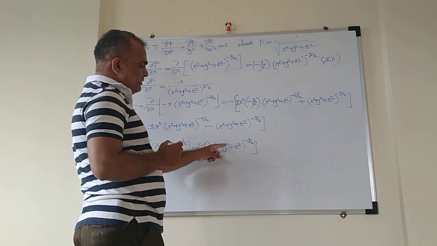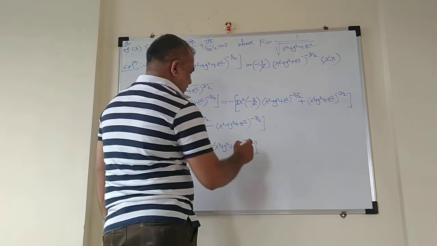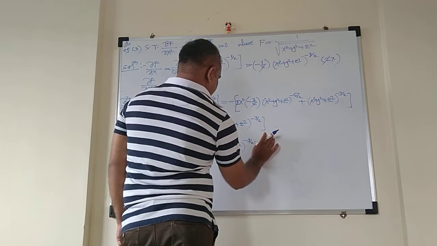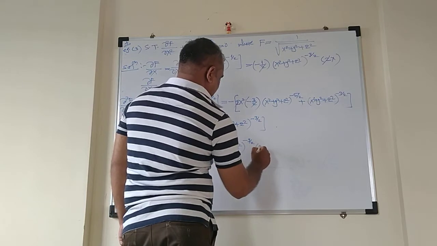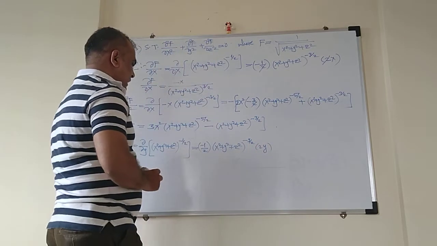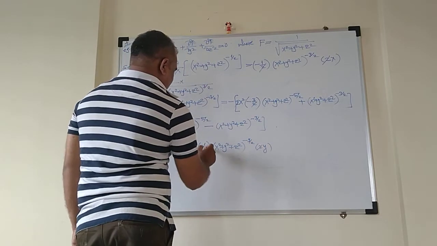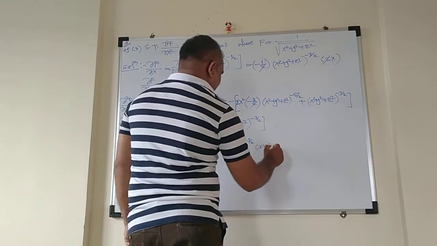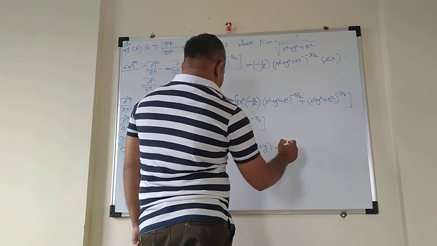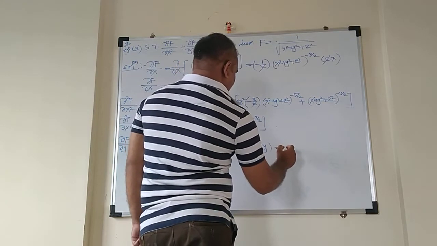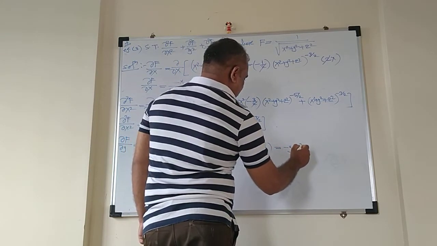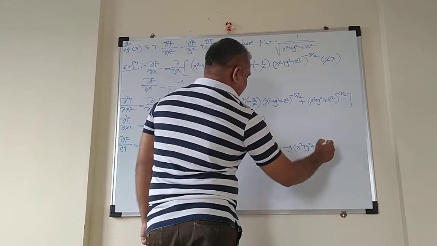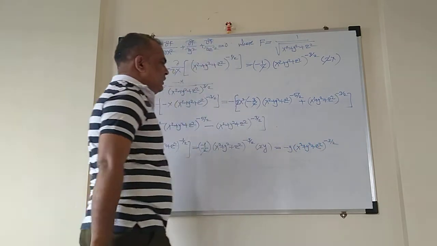Other two variables x and z will be constant, so into 2y. Now this 2 and this 2 cancel with each other and finally you will get dou f by dou y equals to minus y into x square plus y square plus z square raised to power minus 3 by 2.